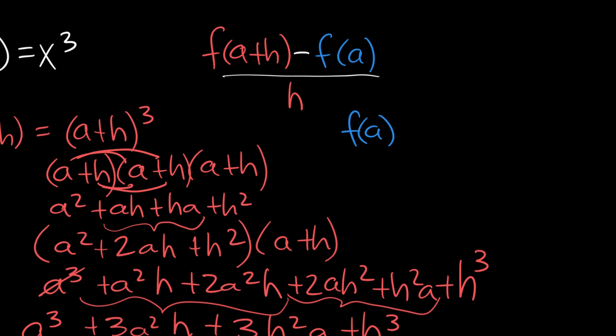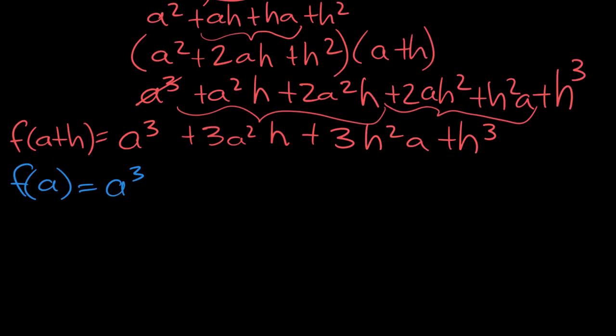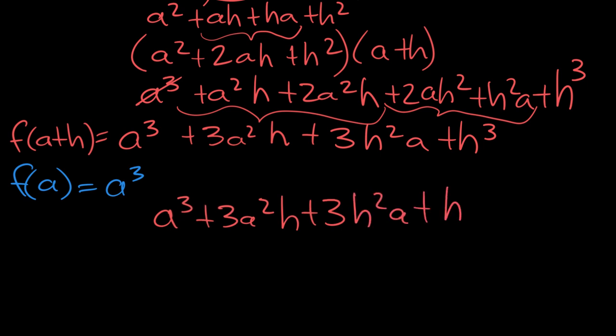So that is what we get for f of a plus h. Now f of a is going to be, since our function is x cubed, f of a is going to be equal to a cubed. And so putting it all together, we have f of a plus h, that is, again, a to the third plus 3a squared h plus 3h squared a plus h to the third.